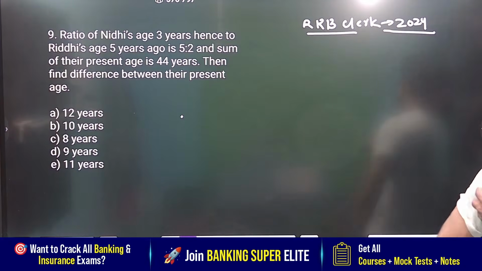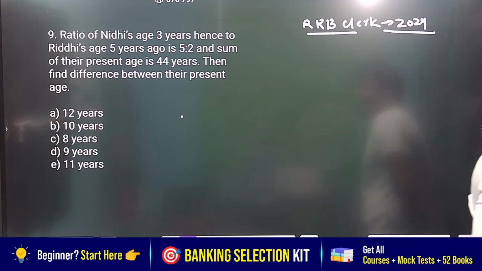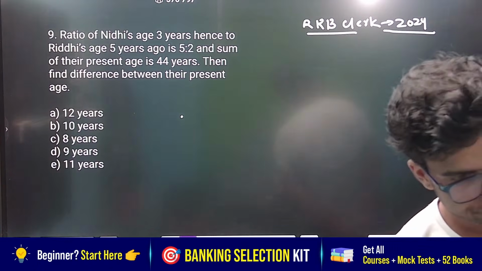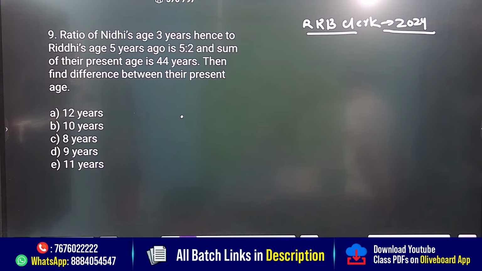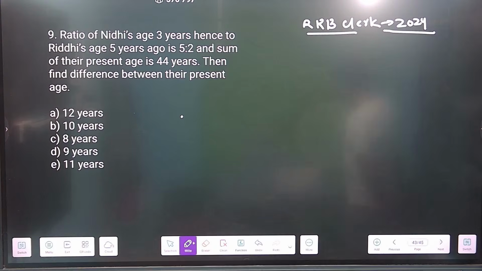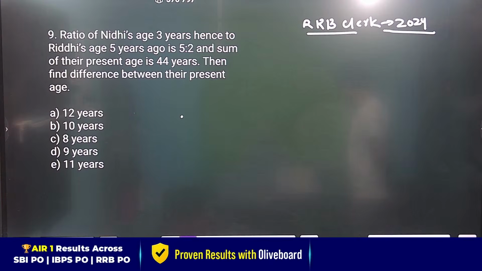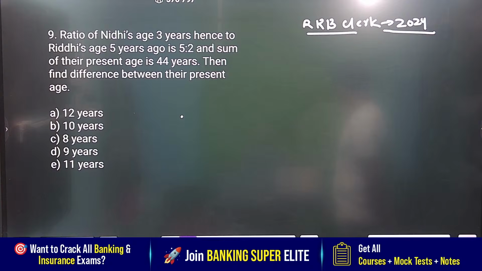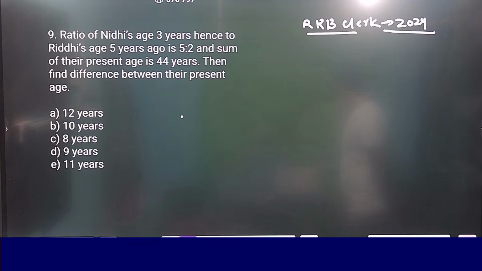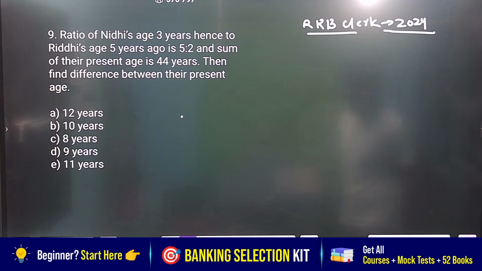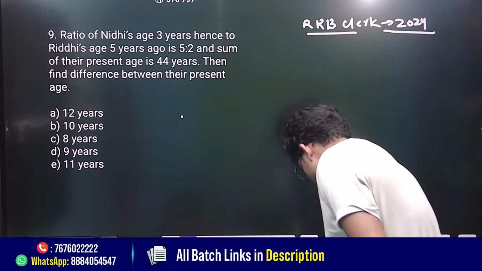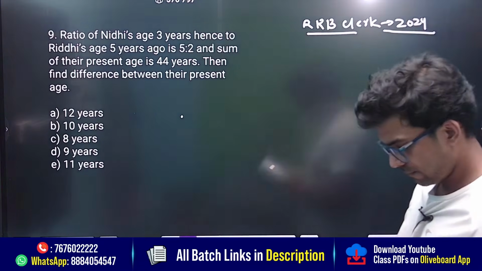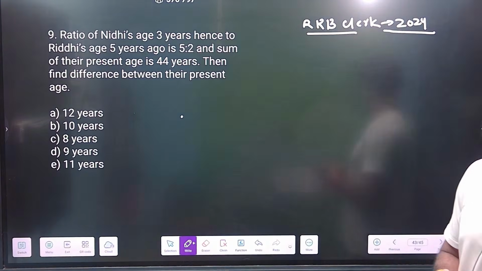Answer me, guys. 3 years hence to Nidhi, 5 years ago is 5:2, and sum of their present age is 44. Answer you are asking? Yeah, 10.